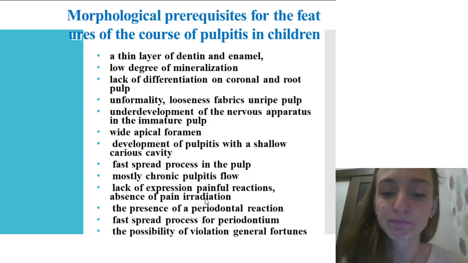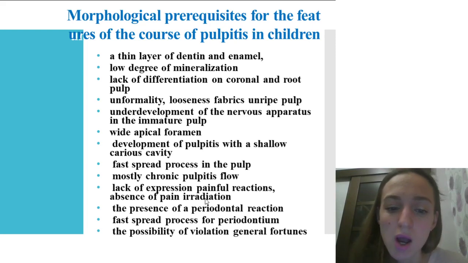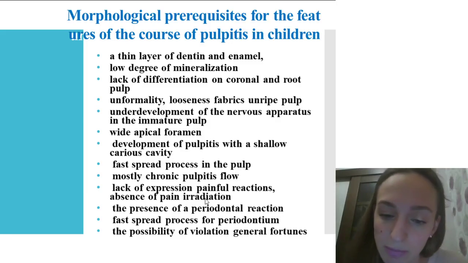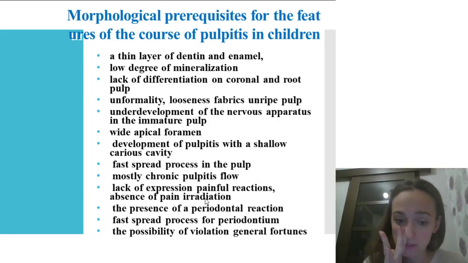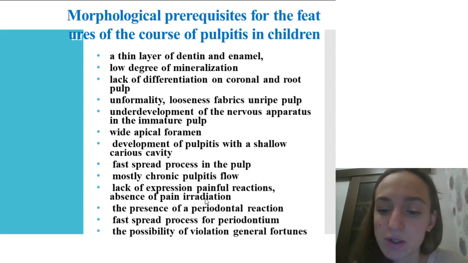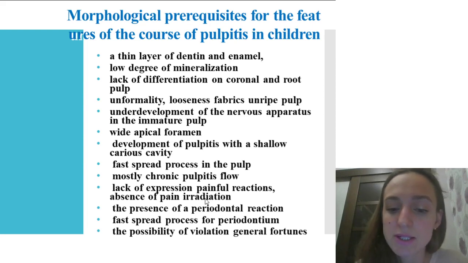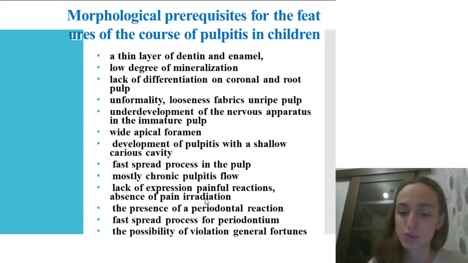Then, mostly chronic pulpitis flow, lack of expression of painful reaction, absence of pain irradiation. Then the presence of a periodontal reaction, fast spread of the process to the periodontium, the possibility of violation of general condition.